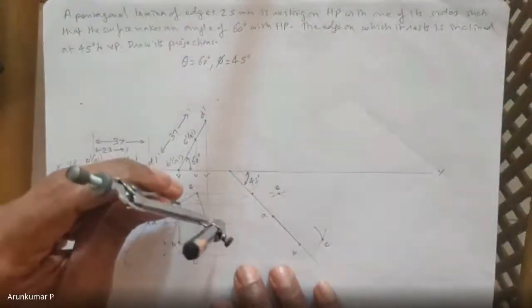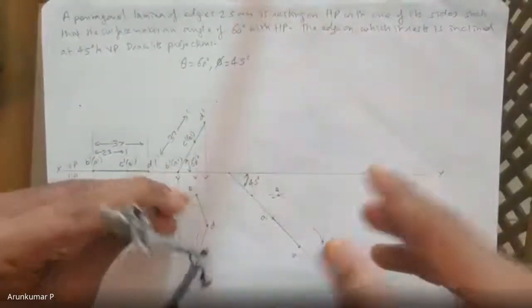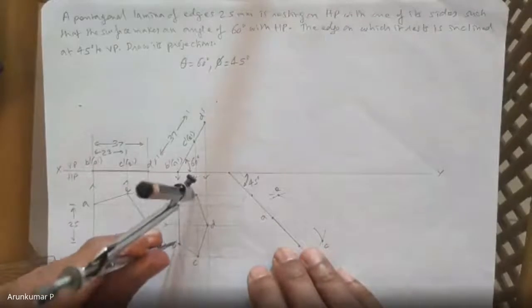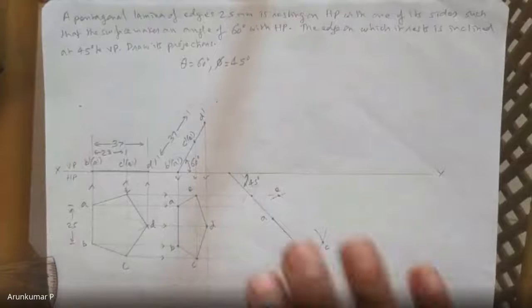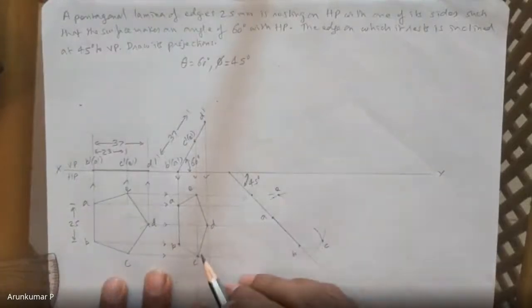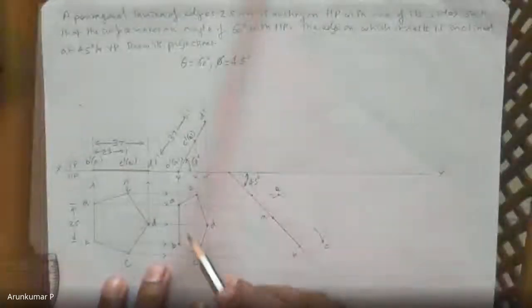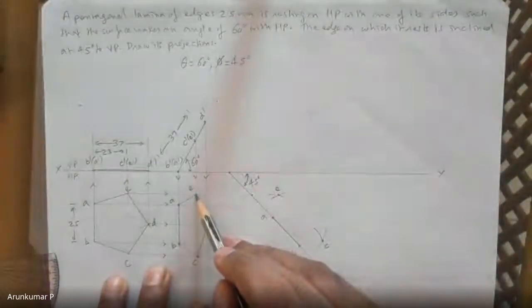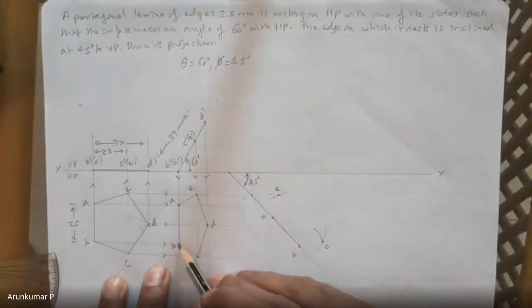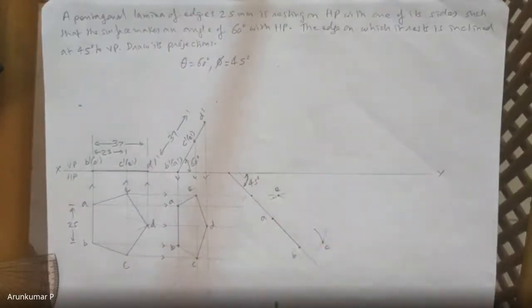This time I have measured from A to C, the distance, or from B to E, the distance, and I have cut these arcs. So I have measured the distance of the point C from B and from A. I have measured the distance of the point E from A and from B. And I have located with the help of arcs, intersection of the arcs, by using the rounder.